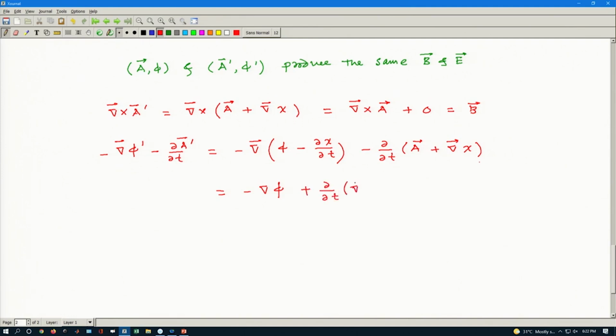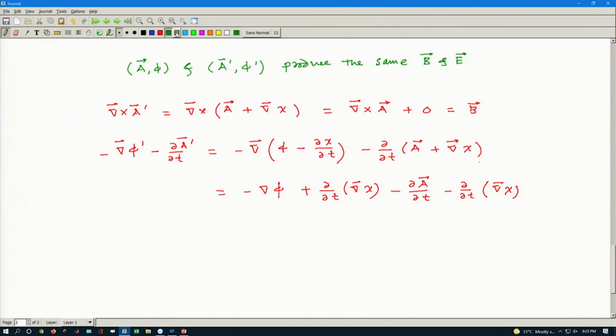So, I have now gradient of chi, then minus of del A del t, and then minus of d dt of this quantity.